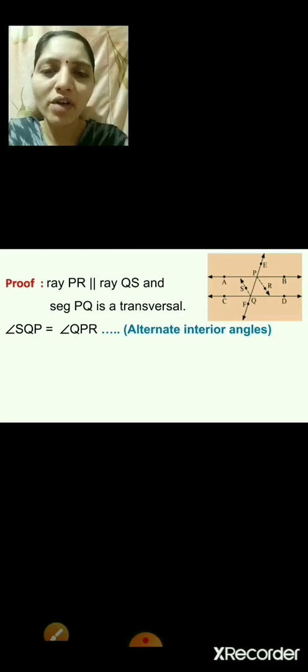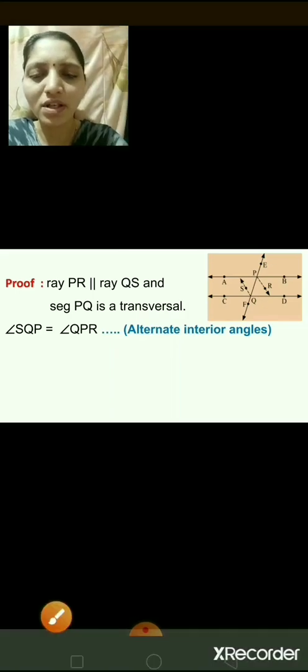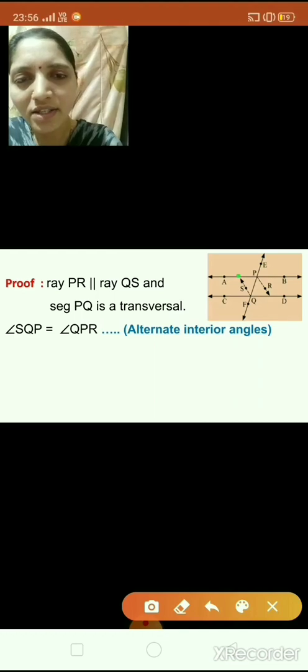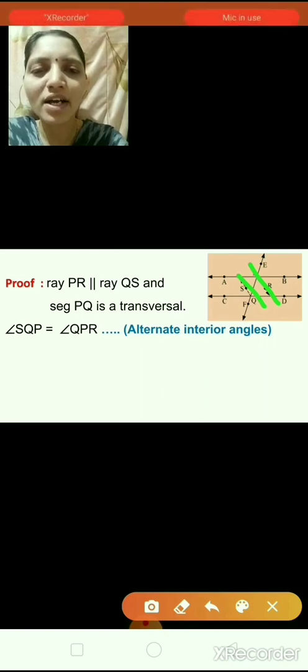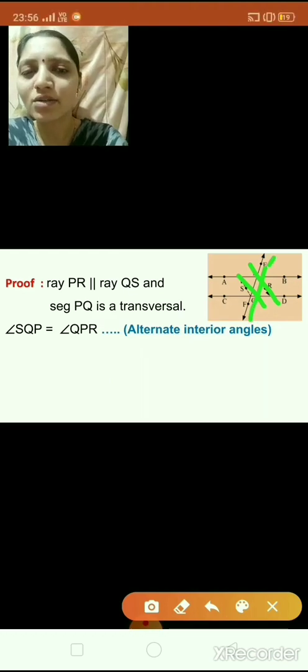First we will write ray PR is parallel to ray QS and segment PQ is their transversal. So these two lines are parallel and this segment is their transversal.